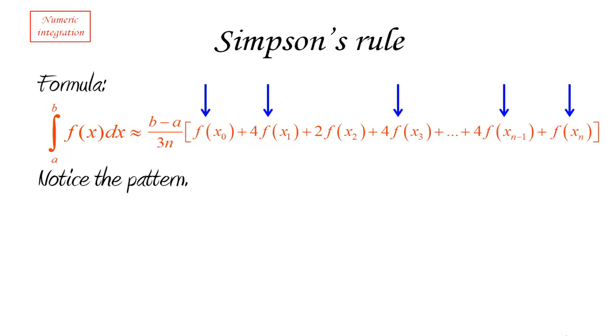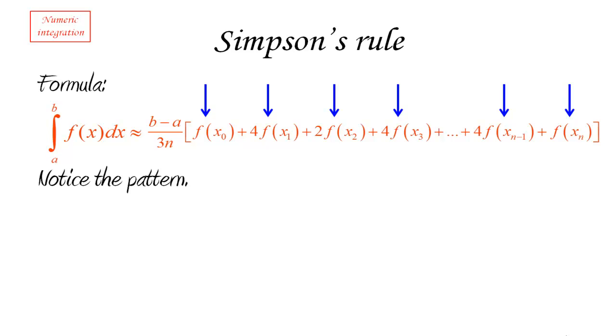Where does it come from? It comes from all the algebra and number crunching that I've spared you. The ones in even position, like f(x2), and then f(x4), f(x6), and so on, will have a coefficient of 2.